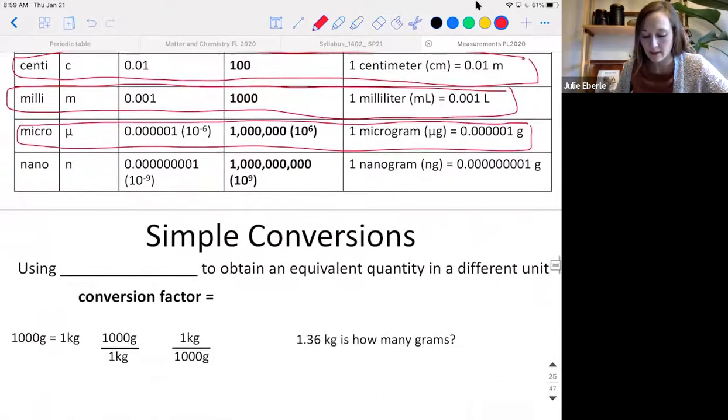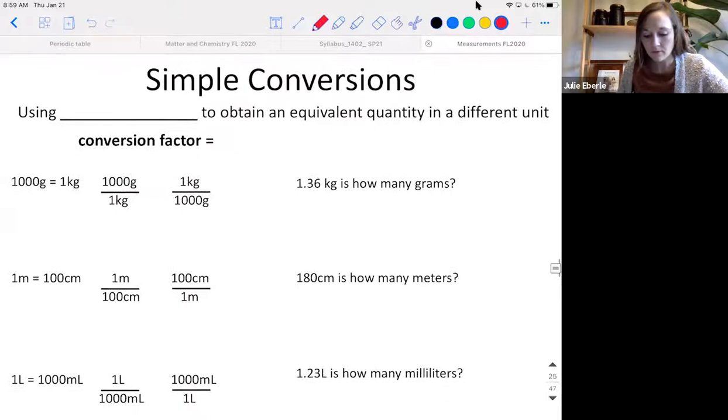All right, let's get into some conversions. So what is a conversion? We're going to spend the rest of our time today learning how to convert between units. And you actually do this very commonly. If you shop for your own groceries, you do this when you go to buy eggs.